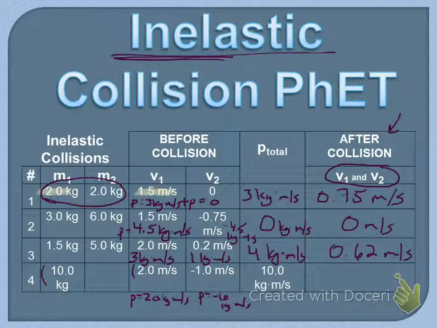So that 20 plus negative 10 gives us 10. So our velocity is negative 1, and of course, having 10 kilograms times negative 1 will give us our negative 10 kilograms meters per second that we need. When we run the simulation, we see that we have an after collision velocity of 0.5 meters per second.